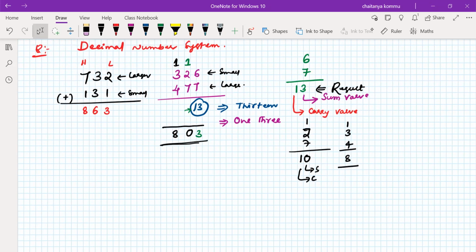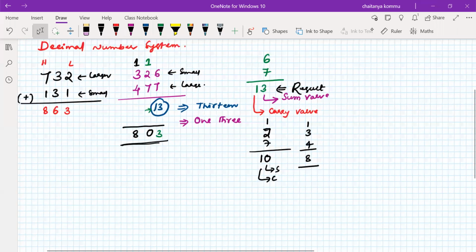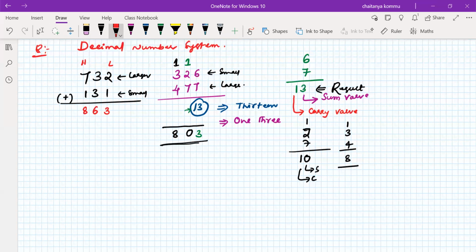Again, one more example so that we'll have some clear-cut idea. For example, 732 and 639. What is the value of this one? Here 11 is the answer. 11 means 1 is there, so 1 will be put there. This is actually 7, so 7 and 6 is 13. We cannot say what the carry is outside, so we have to keep it like this only.